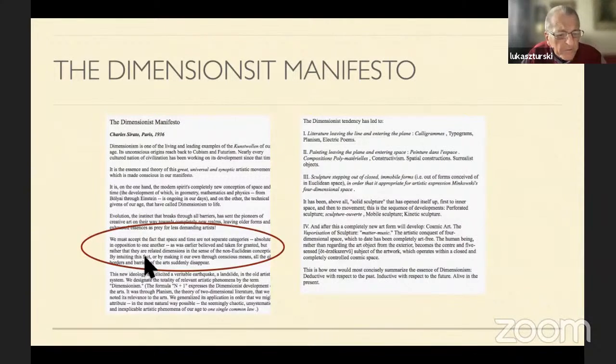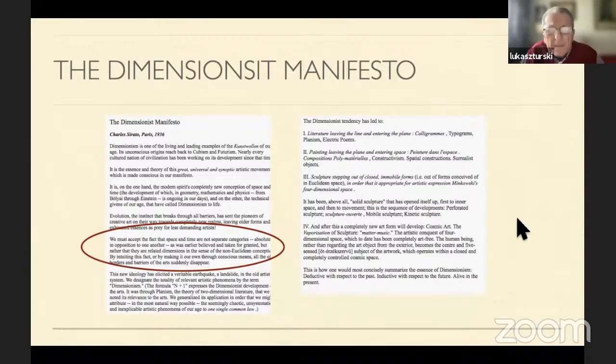By intuiting this fact or by making it our own through conscious means, all of the borders and barriers of art suddenly disappear. So as you see, those artists had truly been influenced by non-Euclidean geometry invented by Riemann and by the concept of space and time, which was born with the special theory of relativity. And that is a description of what the Dimensionists were using.